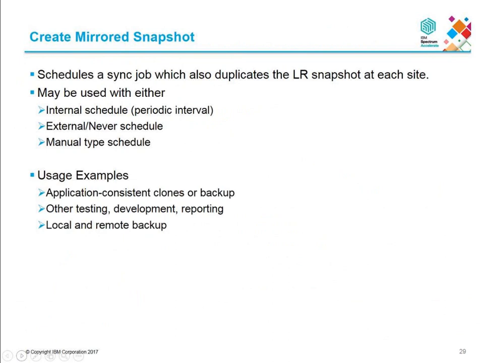So I can use this mirrored snapshot to do that on a manual schedule, so I just let my replication run. For the most part, I'm okay with crash consistent copy, but once a day I want to have an application consistent copy. So I've got a cleaner recovery point if I choose to use it, and that's what the mirrored snapshot would be used for.